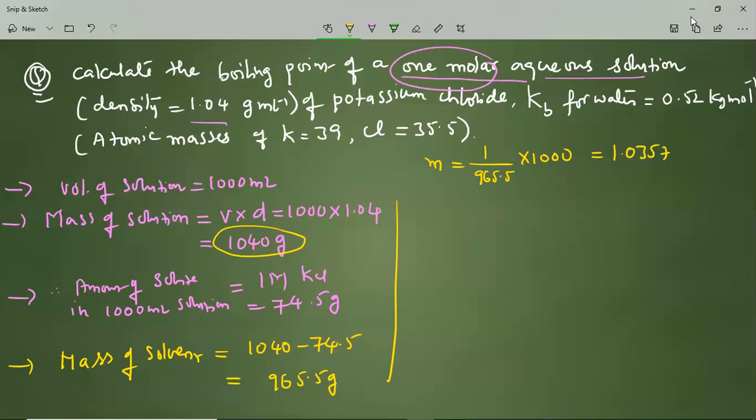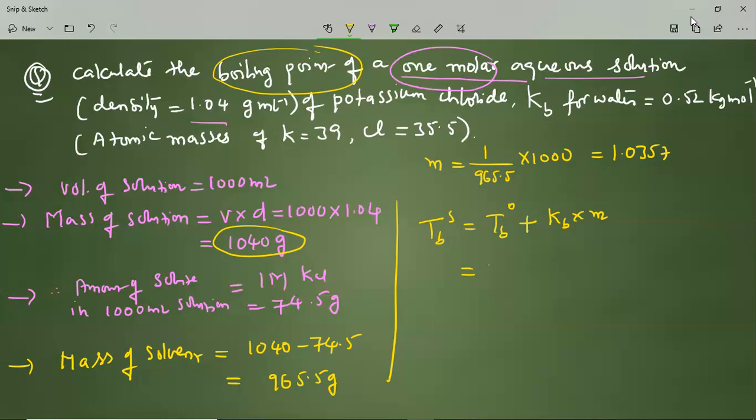Now my aim in the problem is the boiling point of solution. So what is the boiling point of solution? Tb is equal to Tb naught plus Kb into molality. Tb naught means the boiling point of the solvent. Here in this question, the solvent is water.